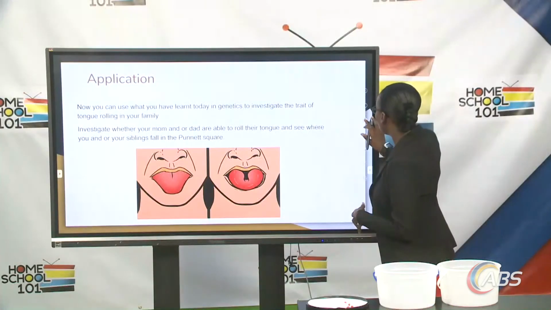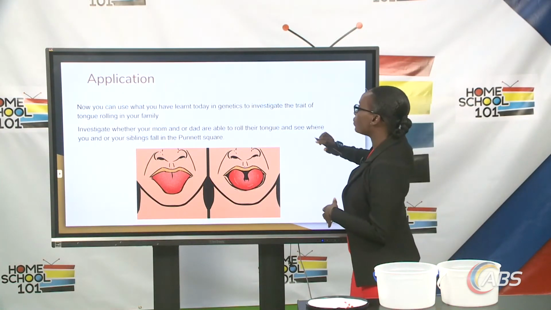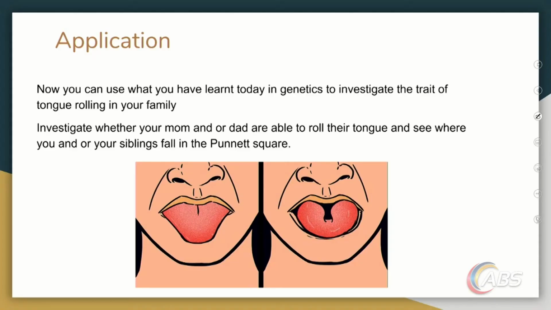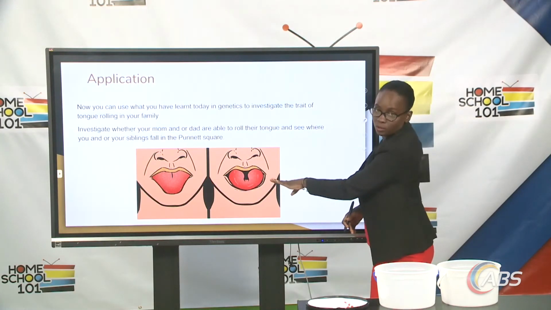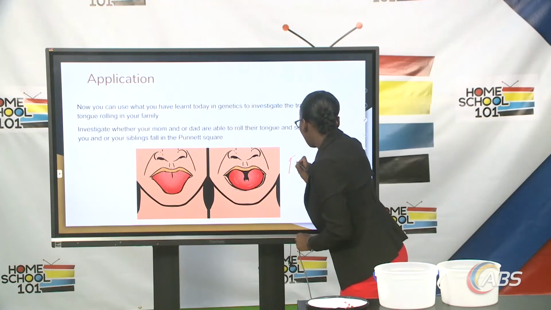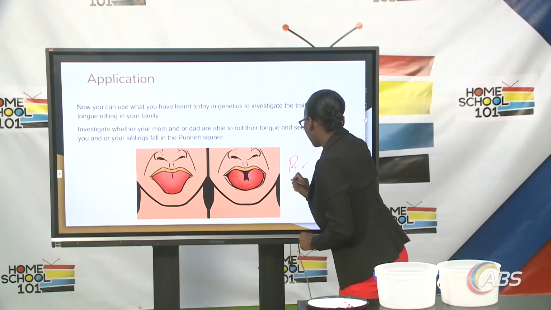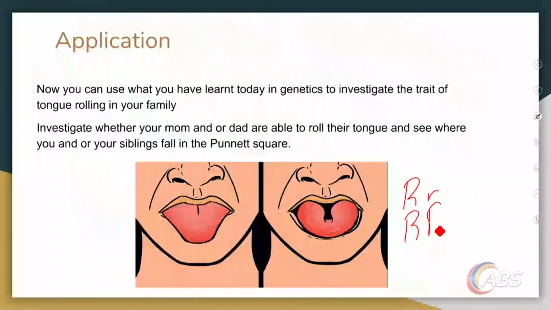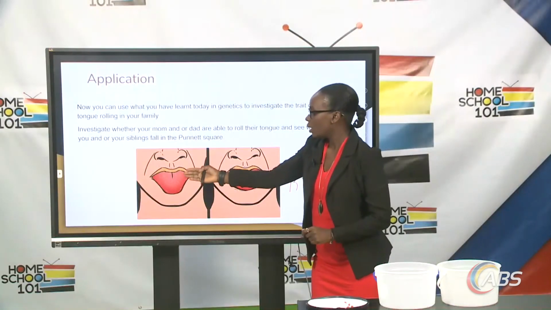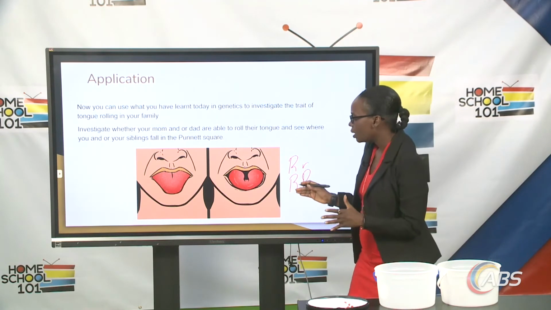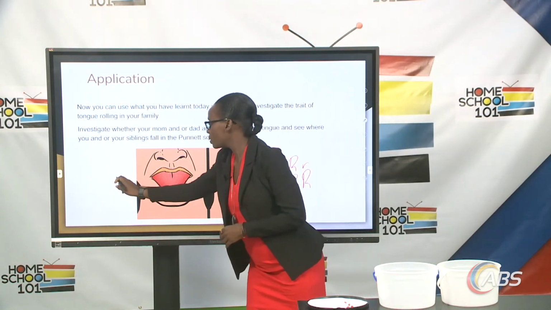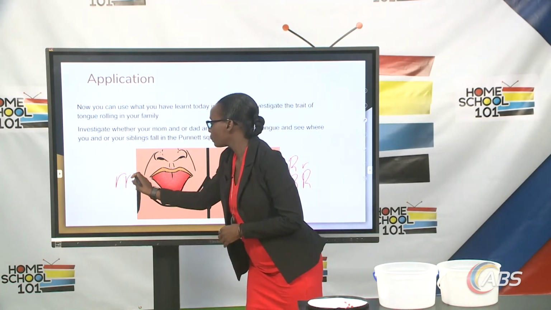Remember, we said that the genotype is always written with letters. So the genotype for this individual who is able to roll their tongue would approximately be RR or Rr, uppercase R and lowercase r, or two uppercase R's. And this individual is not able to roll her tongue. And so her genotype would more than likely be this.